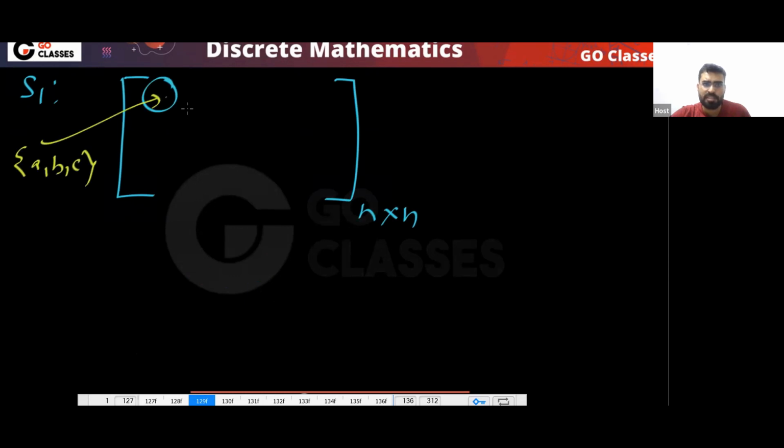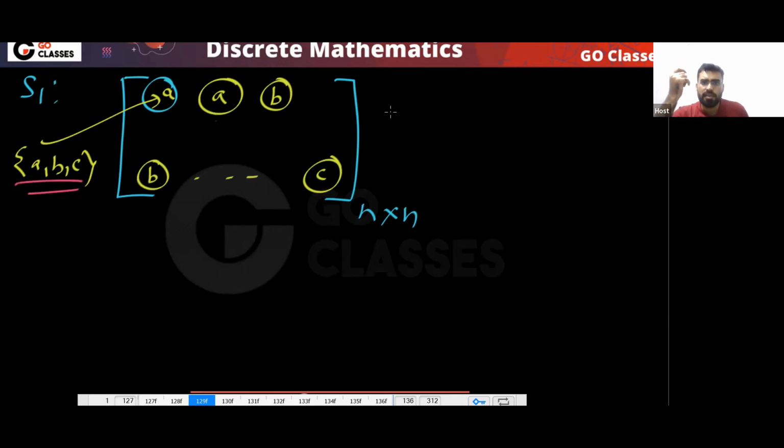For example, this entry can be A, this entry can be B, this entry can be C, this entry can be B, something like this. So the idea is: how many positions do you have in this matrix? You have n square positions.